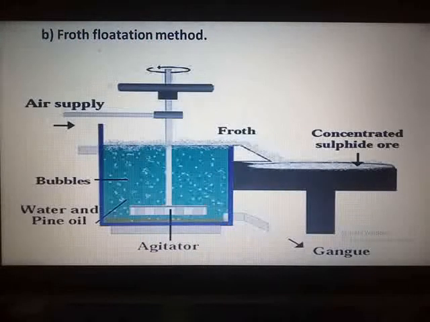Next is B, froth flotation method diagram. You will get on page number 102, figure 8.11. Here bubbles, water and pine oil, agitator, froth, main parts have to be labeled.